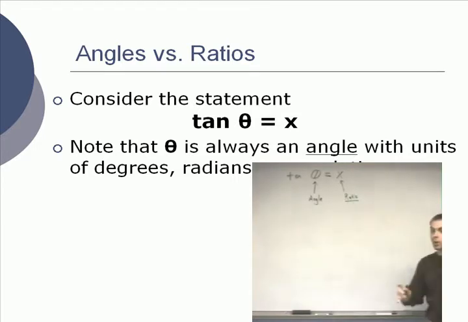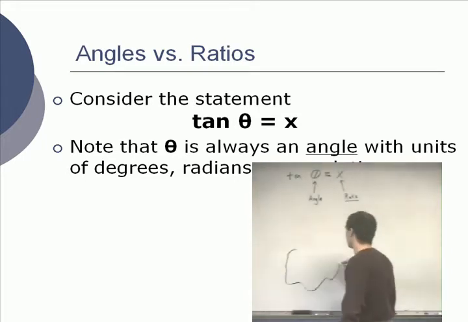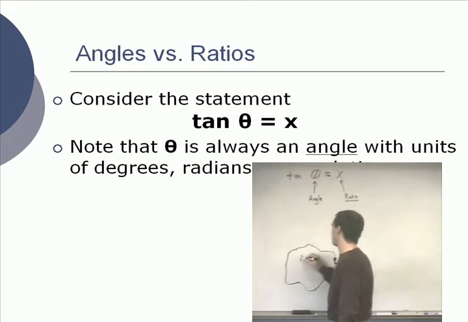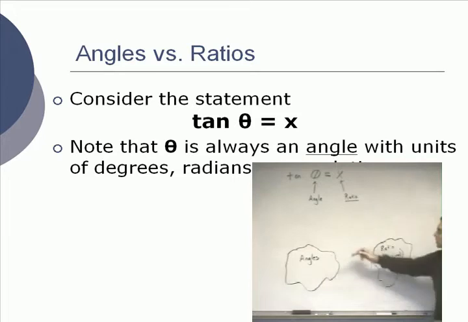The trig functions always assign to some angle a ratio. Think about it like this. Over here we've got angles. Over here we've got ratios, or in other words, decimals. What are the units on angles always? Well, we just said it.